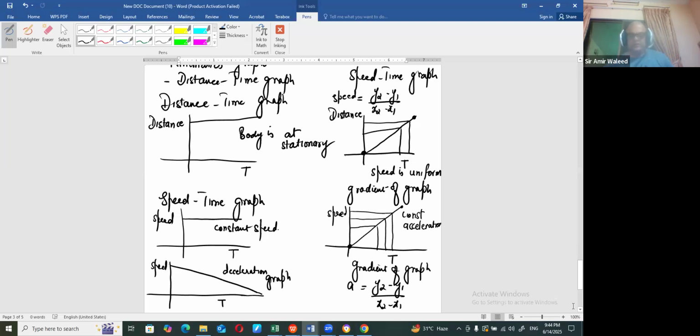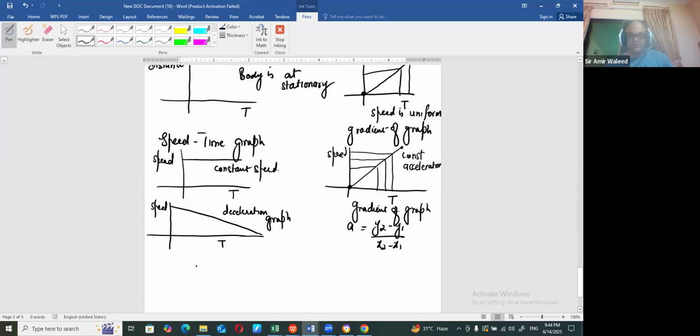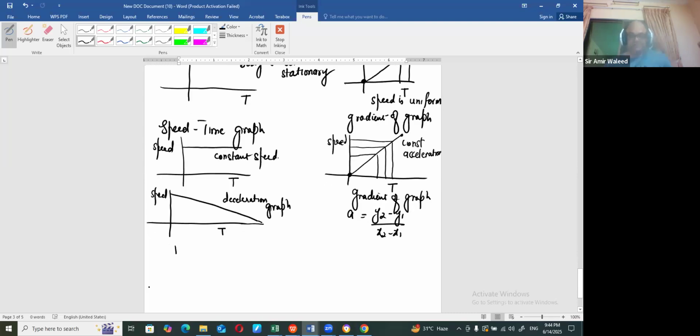So now there can be another kind of graph as well, which is a non-linear acceleration. In that case, if you have a velocity graph like that, this is called a non-linear graph. If the graph is like that, it means the gradient is increasing, which means acceleration is increasing.